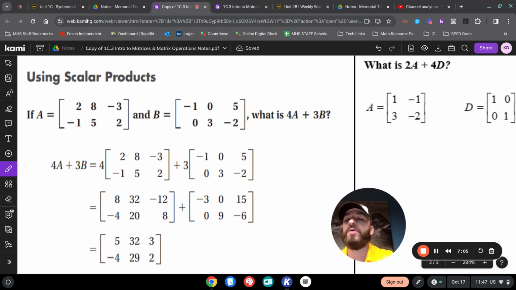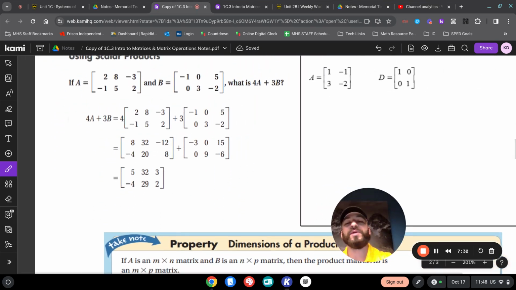So 4A would be 4 times the matrix A. 4 times 2 is 8. 4 times 8, 32. 4 times negative 3, negative 12. 4 times negative 1, negative 4. 4 times 5, 20. And 4 times 2, 8. So I'm just multiplying every single term by that scalar. Same thing on that other one. And then once I've multiplied and found both of those new matrices, I can, of course, complete any addition or subtraction if I need to do a little bit extra.